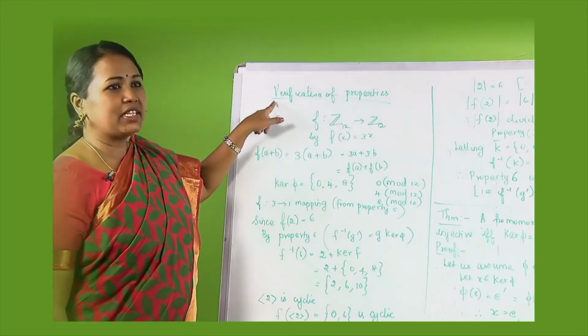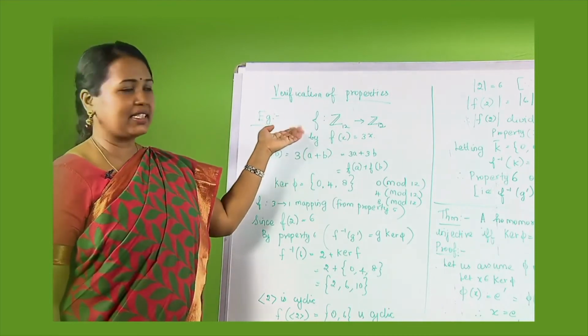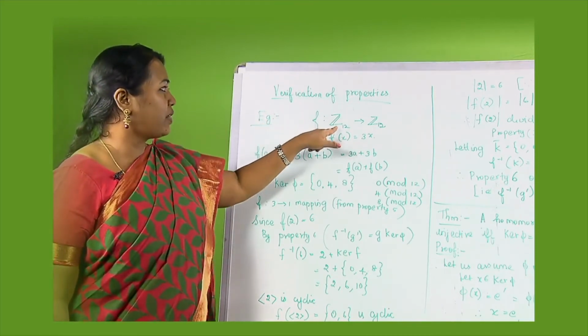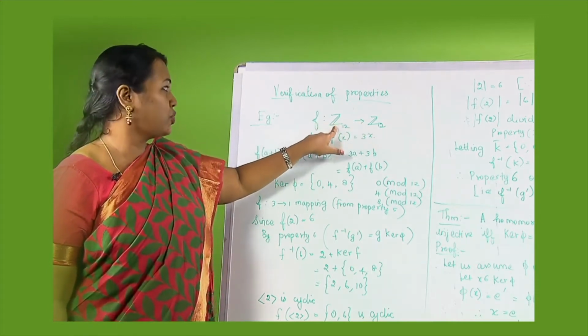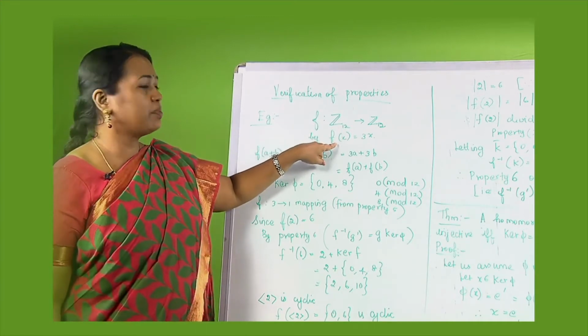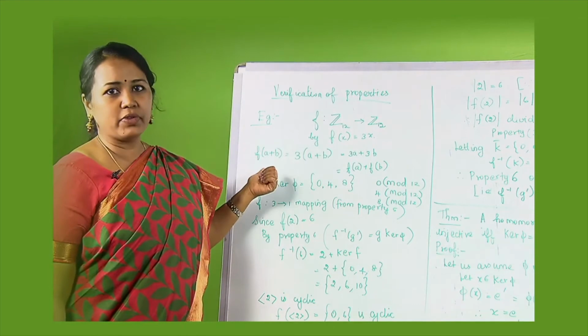Now, we shall verify some of the properties that we have discussed earlier. Let us consider this example. Let f be a function from Z12 to Z12. Z12 is the integer group modulo 12, and we have defined this function to be f of x is equal to 3x. Now, let us verify the homomorphism property.